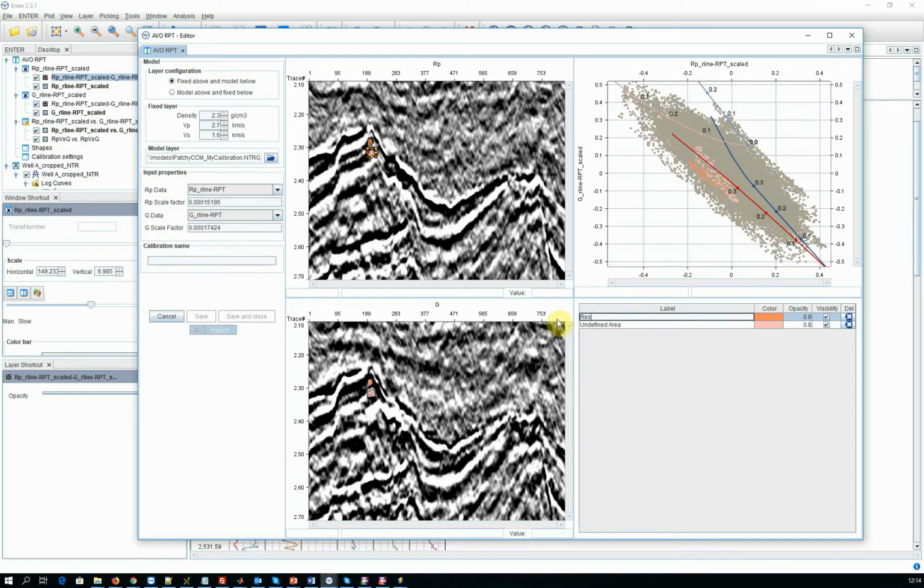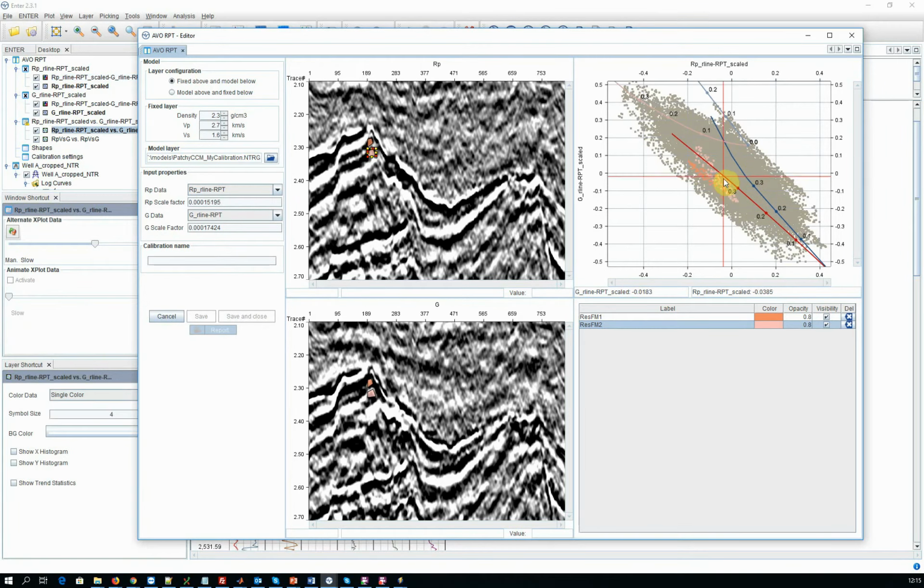We can rename these layers so that they are more easily identified. It is also possible to make a selection in the crossplot, and that will highlight the data points in the seismic. So you can use this tool to analyze the data.